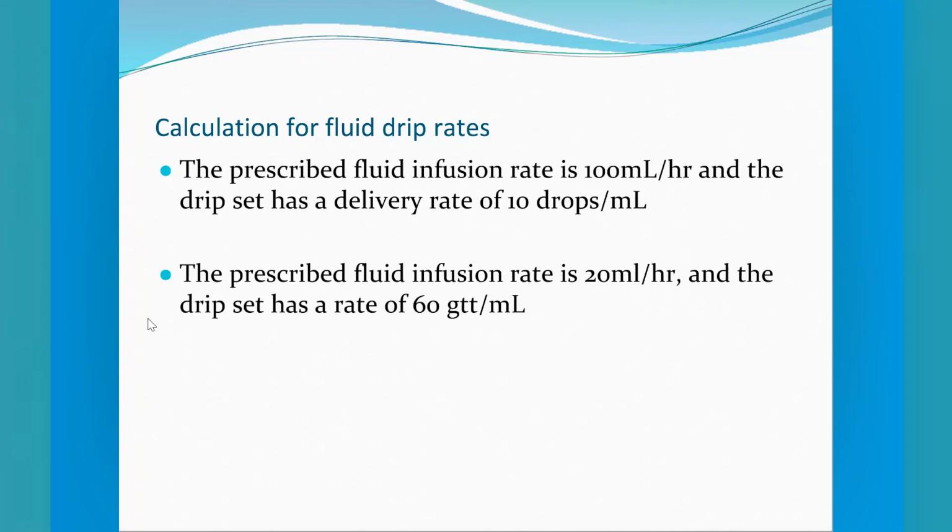So what we essentially do in this is that we take 100 mils, all right? And we need to change this so that at the end of this we have drips per second. So the easiest way to do this is to change our hours into seconds, all right?